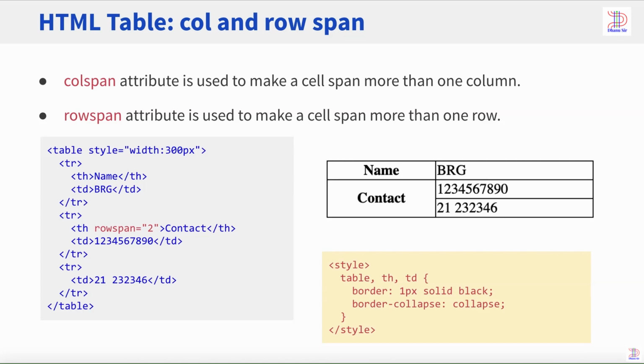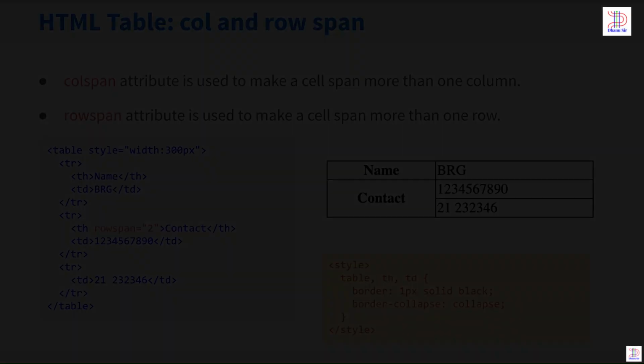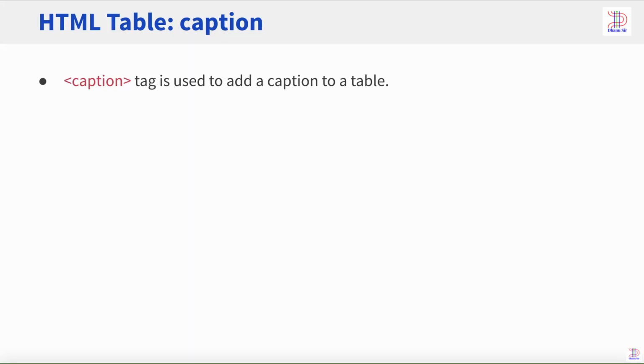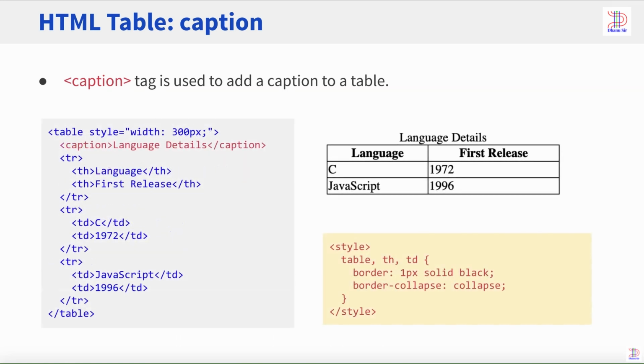And in another example, I have spanned the contact row using rowspan equal to 2. So both are different ways of representing the same thing. Table caption. The caption tag is used to add a caption to the table. You can see the language details caption on the right side.